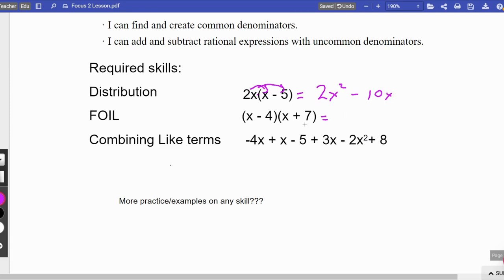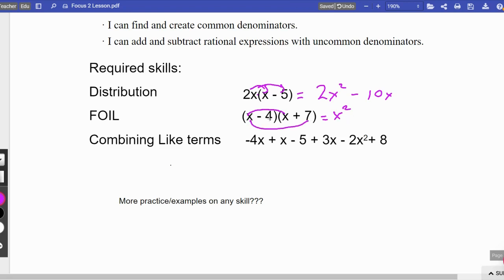Next, this is what we called FOIL before, but it's really just the same distribution. Each term in the front needs to get multiplied to each term in the back one time. So the x times the x is x squared. If you did the FOIL acronym, the outside terms would be next. It doesn't matter.